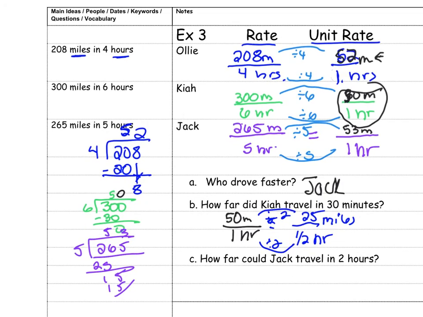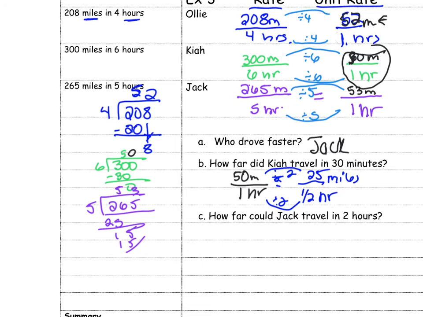And then we're going to look at Jack. Jack can travel 53 miles in 1 hour. So we want to know how far he can travel in 2 hours.